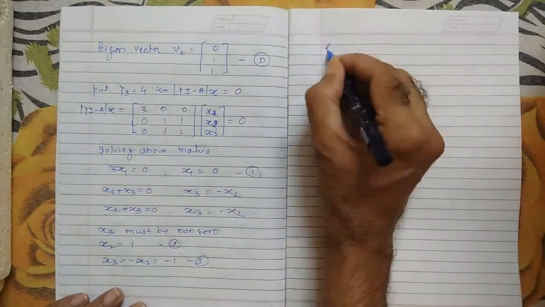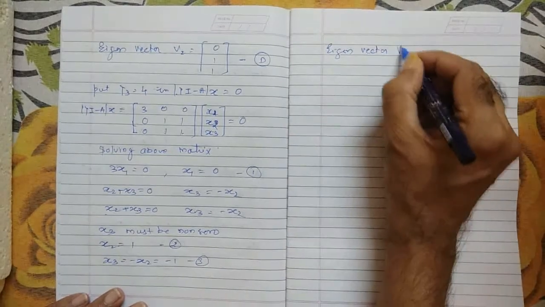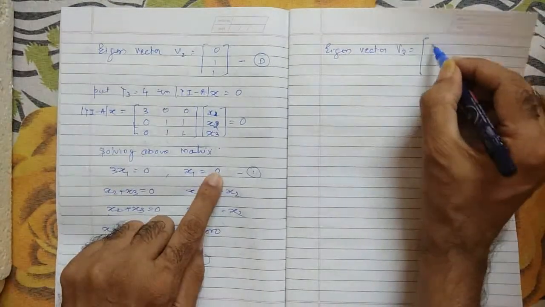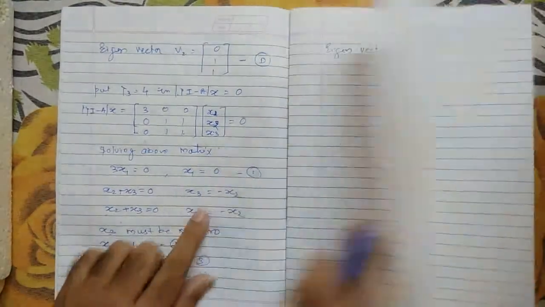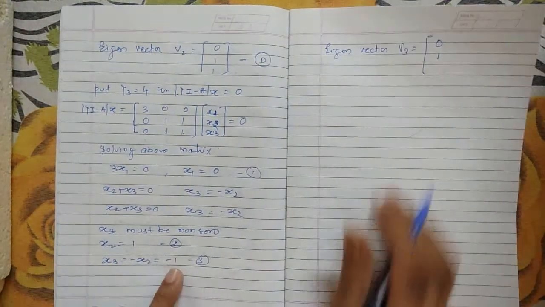So eigenvector v3 equals, what is x1? x1 equals 0, so I will put here 0. Here x2 equals 1, so I will put x2 equals 1, and x3 equals minus 1.